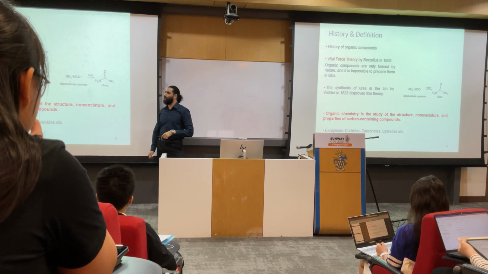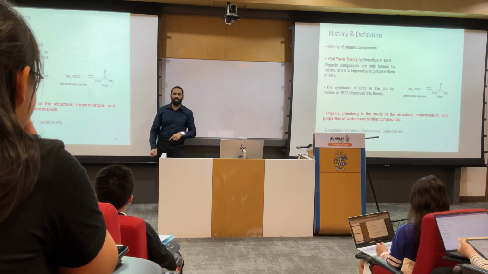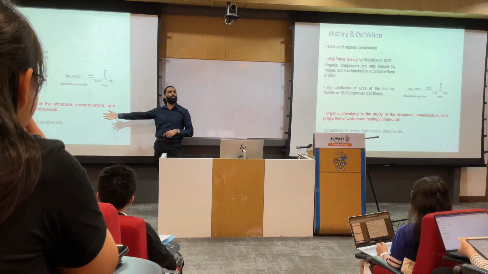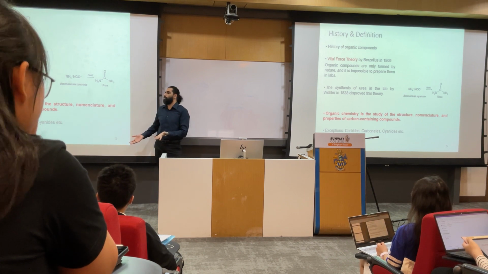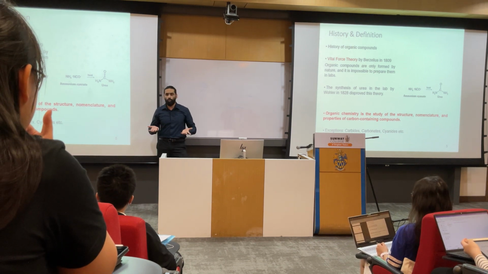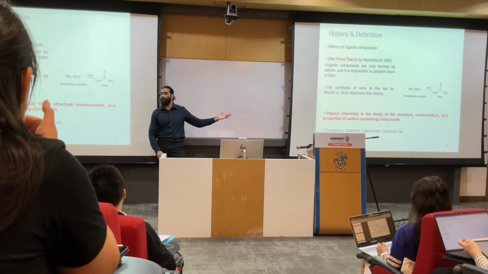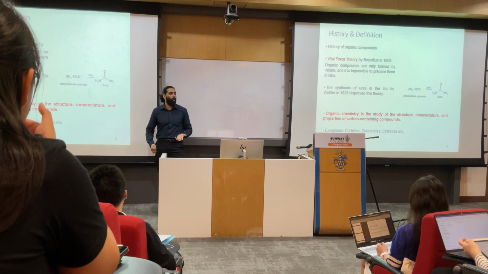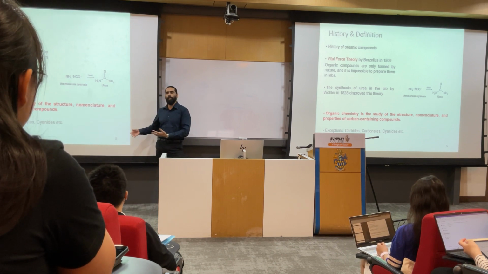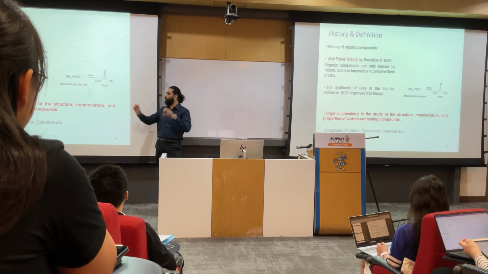When he put ammonium cyanate on a heater, he found crystals of a new compound, and upon investigation it was found to be urea. And urea is an organic compound, so this disproves the vital force theory. Organic compounds can also be man-made. They can be synthesized or obtained from non-natural sources as well.